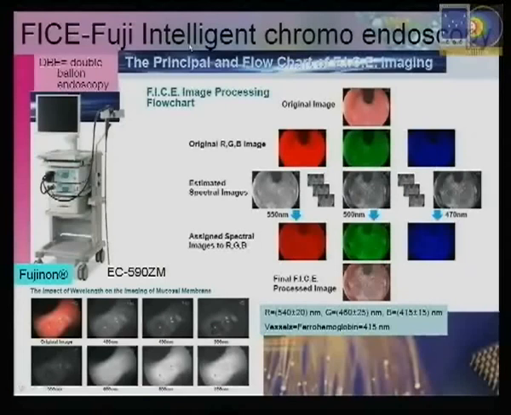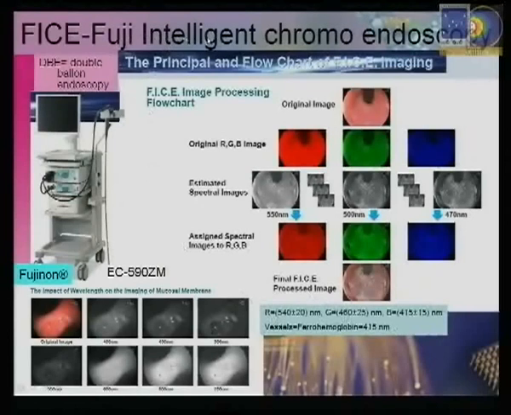This is the classical, what is called chromoendoscopy, in which you change different wavelengths from one side to another of the spectrum, but in general you combine different lengths on the red, green, and blue.